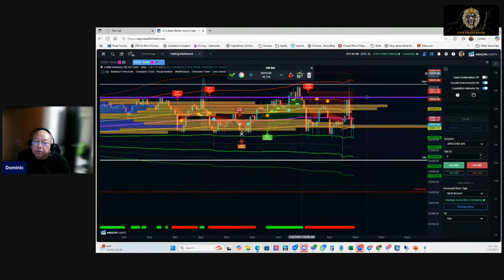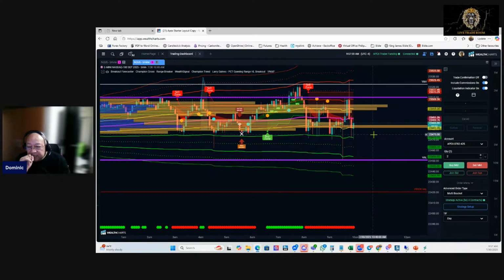So what I'm going to do is copy that down to here. You have the value area low there as well. So we're still trading with that ORB right now.